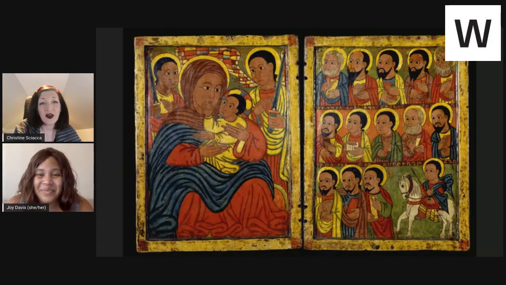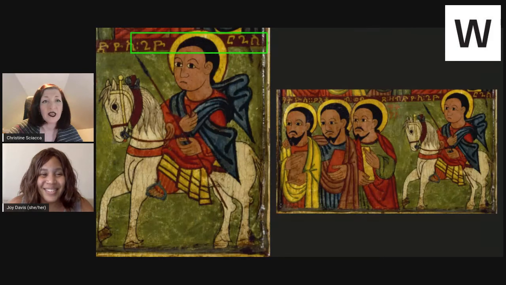I love Ethiopian icons and Ethiopian painting in general because, as a former manuscripts curator, what happens in these icons is you have text integrated directly into the images. So if you get closer and zoom in on that figure on horseback, you'll see that each of the figures is identified by inscriptions.